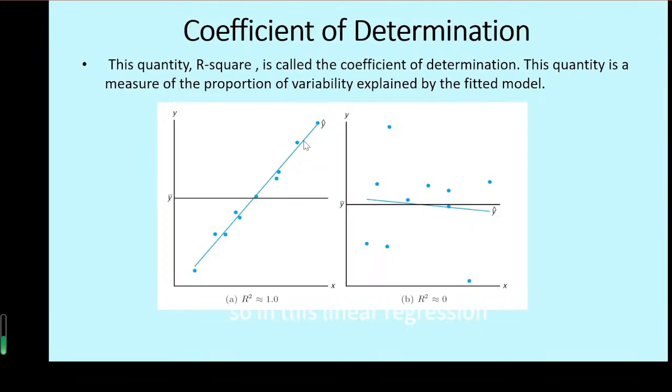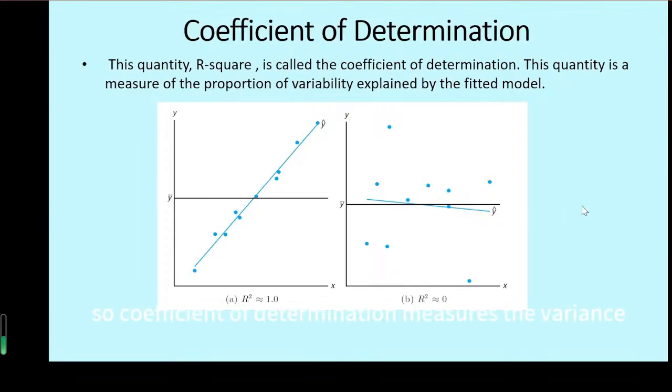In this linear regression, R square will be very large, almost close to 1, because you can see the error term is very small; the points are very close to the fitted line. But on the other side, this figure shows a very low R square for the linear regression, because the points are very far from the fitted line, right?